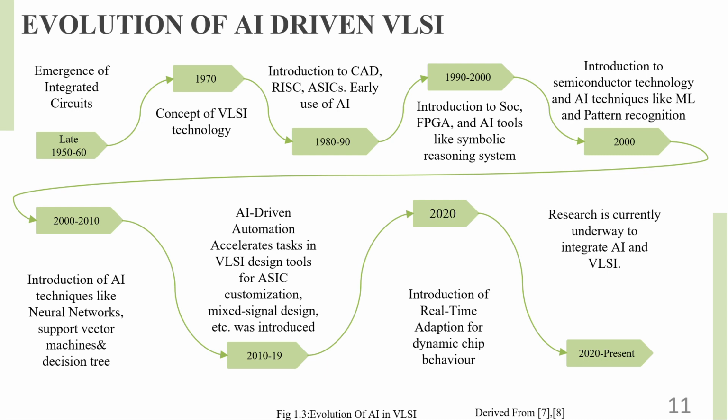From 2010 to 2020, the development of AI-driven VLSI saw the introduction of ASIC customization, semiconductor manufacturing, and mixed signal design. In the year 2020, real-time adaptation for dynamic chip behavior was introduced. Since 2020, there have been ongoing research efforts to combine AI and VLSI.